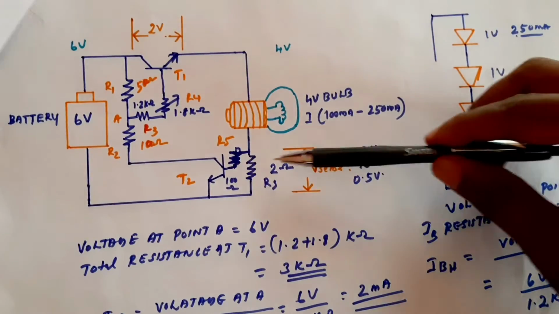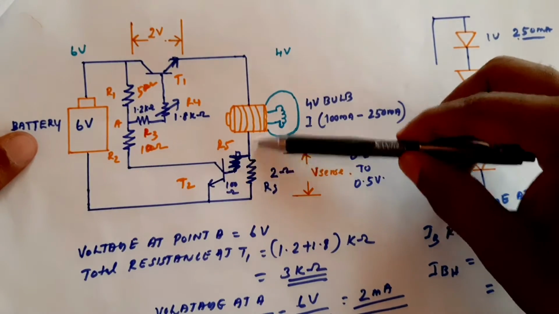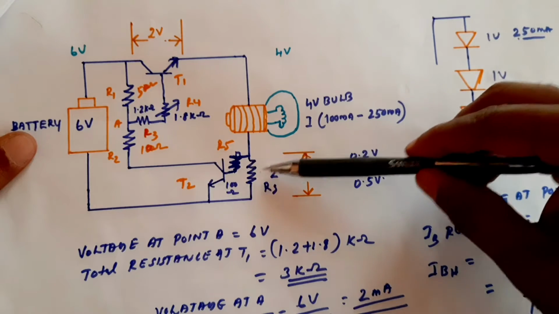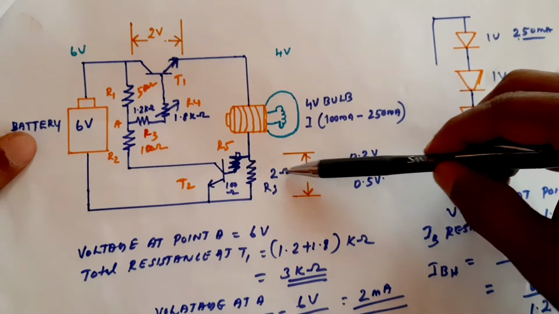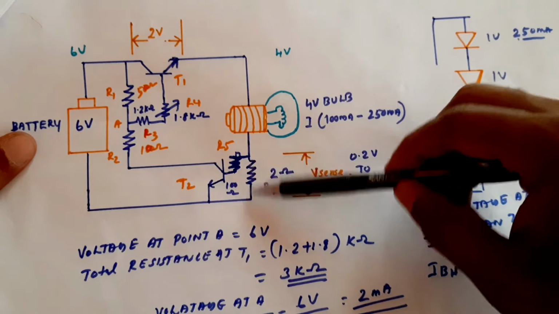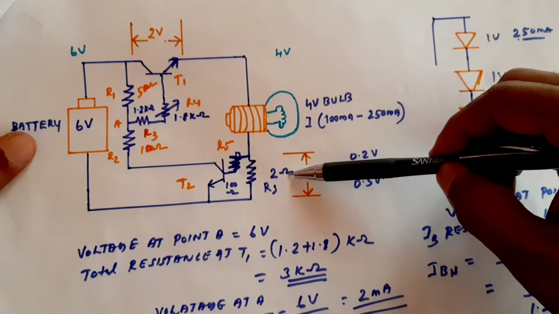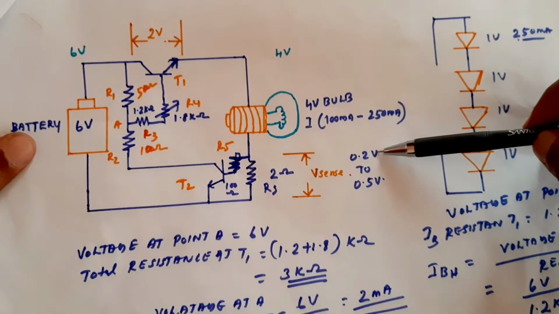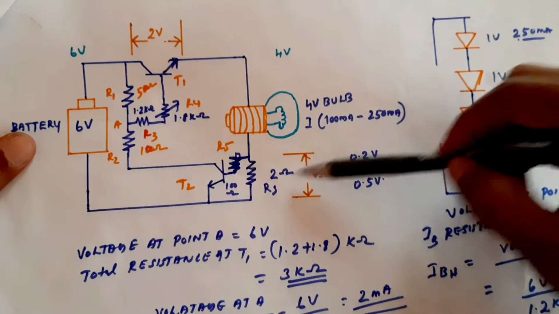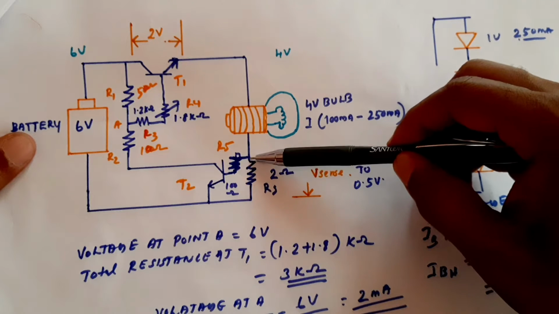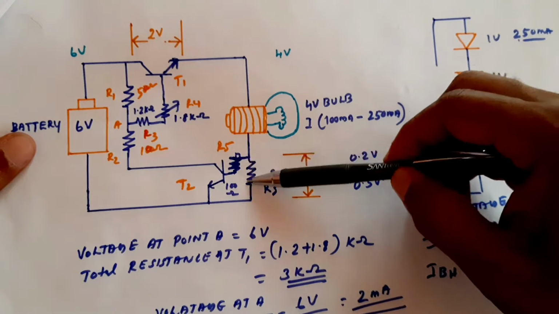What happens when 100 milliamperes flows through this? The voltage across this point is 100 milliamperes into 2 ohm, which is 0.2 volt. Only 0.2 volt will be available here.